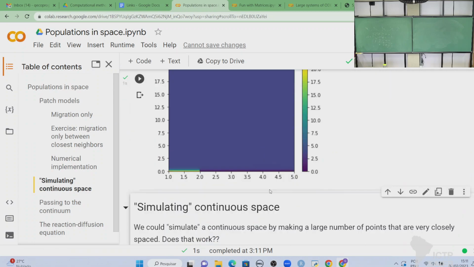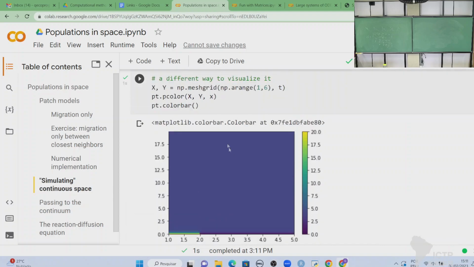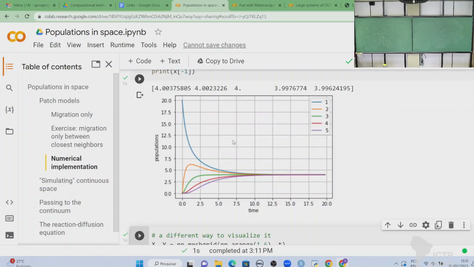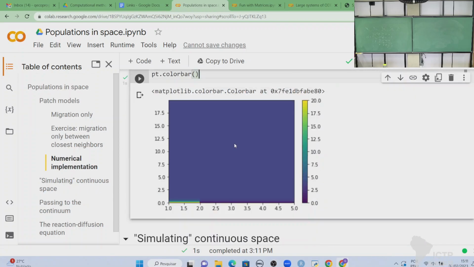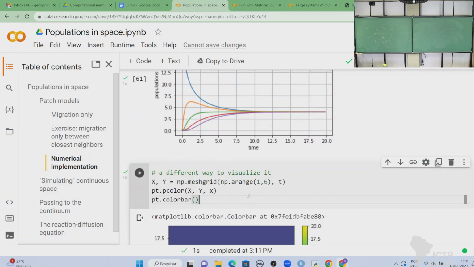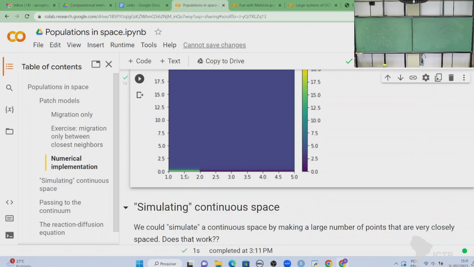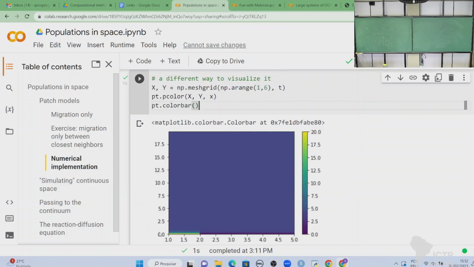Well, this is a terrible plot, right? So you cannot see anything. The idea here is that for each point in the x-axis, so this is 1, 2, 3, 4, 5, in the y-axis I have time, and I would see if I were seeing anything, but I don't see anything at all, actually.